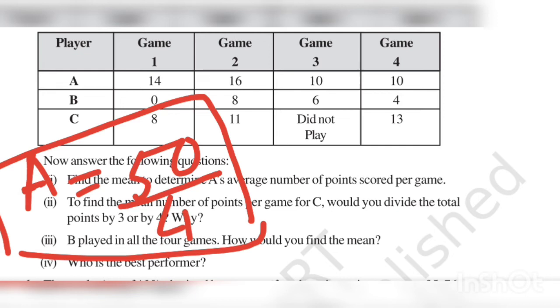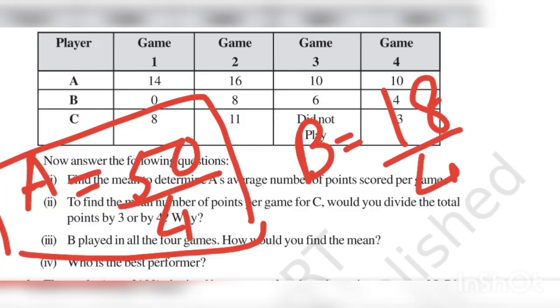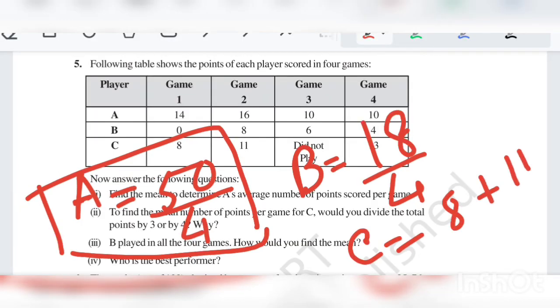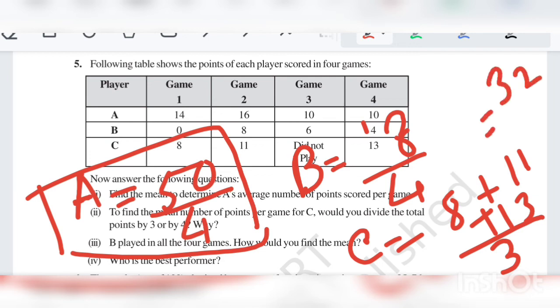Now for B, we have already found that it will be 18/4, and for C it will be 8 plus 11 plus 13 over 3. Okay, so let's add them. 32/3.